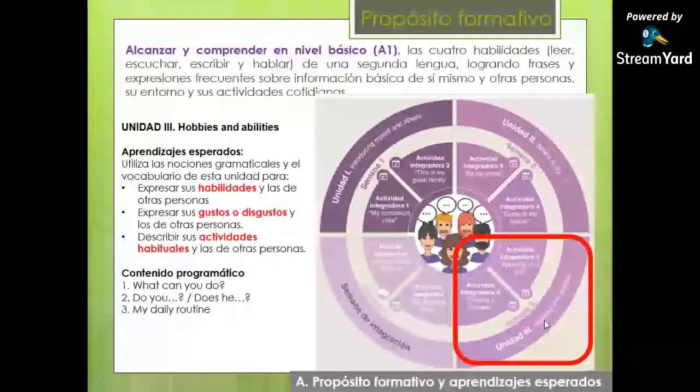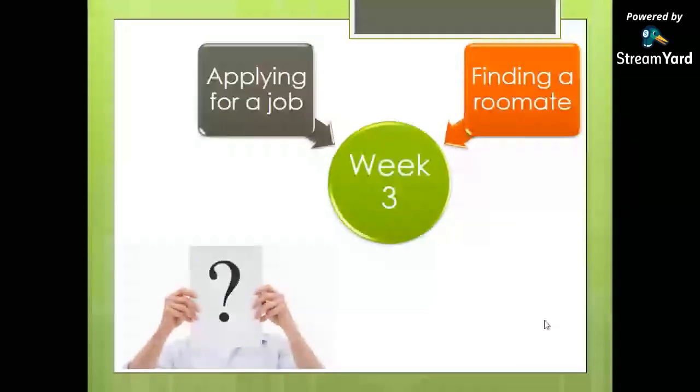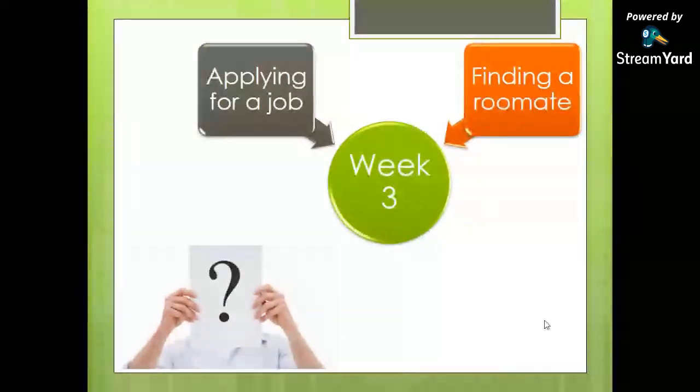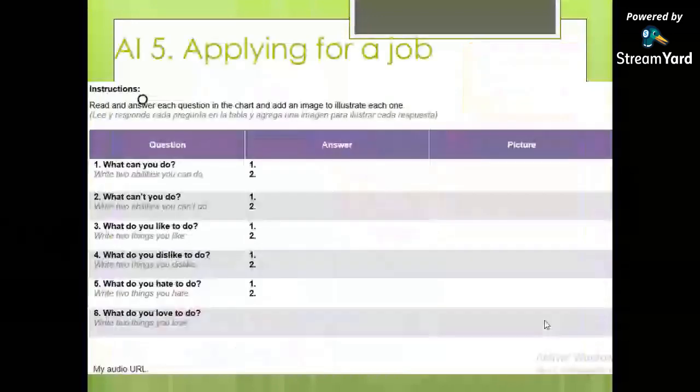So we are here during week 3, unit number 3. For that reason, we have two integrative activities: applying for a job and finding a roommate. The first activity, number 5, applying for a job, consists in a kind of format that you have to fill with different questions.